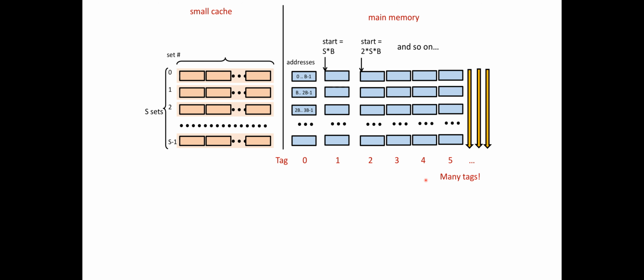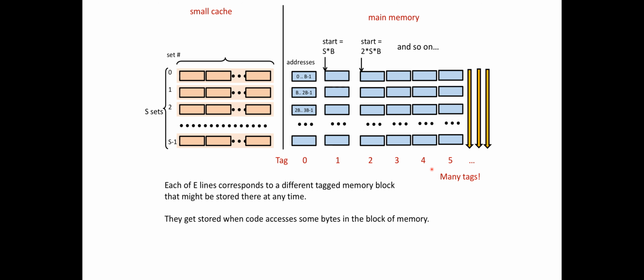And you can see here many, many tags, because the memory is going to go on and on and on. We have gigabytes worth of memory versus a small number of blocks in our cache lines in one set. So we're going to have many of these tags. This is kind of a key point. When you're deciding on a tag number, you're going to need far more bits to represent that than what you're going to need for the set or the block offset. So kind of keep that in mind.